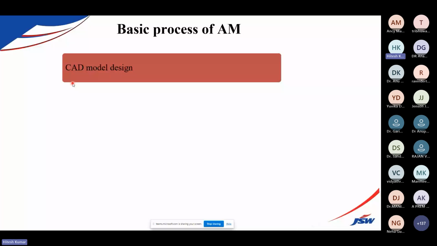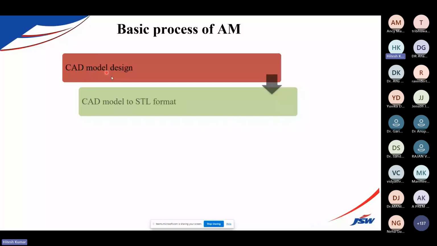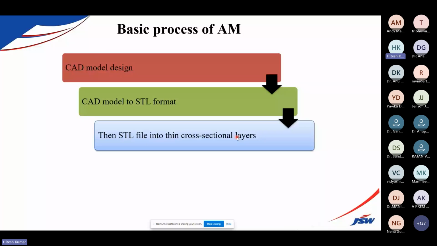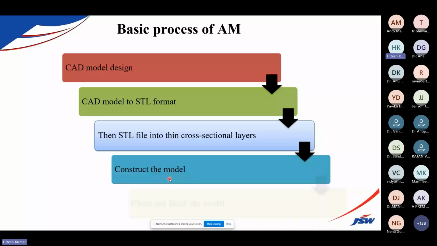I'm just talking about SLM. We created our CAD design model, converted it into STL format, then did some cross-sectional layer slicing, and then constructed the model and cleaned and finished it. This is the way additive manufacturing takes place.